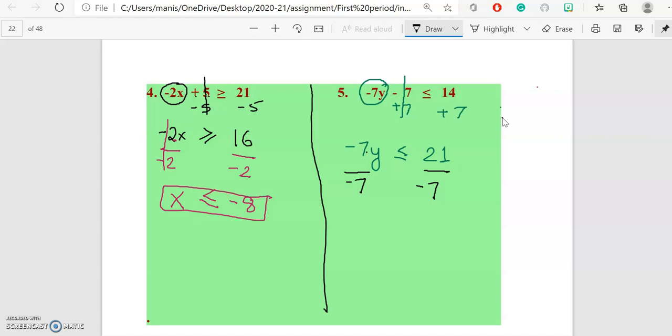Since I am dividing by negative 7 on both sides, I have to change the direction of my inequality symbol. When I do this, it will give me negative 3. So that's my answer. Okay, so we started with less than or equal to 14 and we ended up with greater than or equal to for negative 3. So the symbol has been changed.